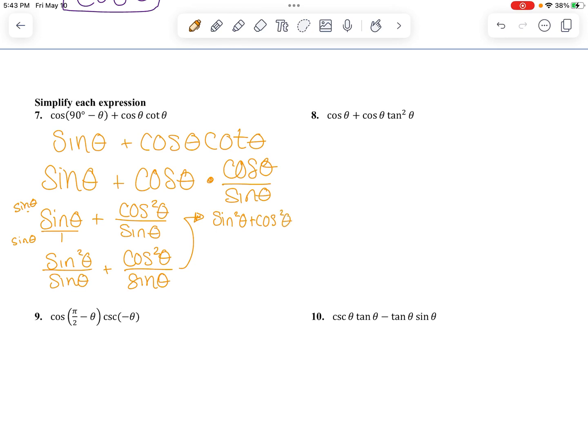So that becomes sine squared theta plus cosine squared theta over sine of theta. I see squared trig, and sine squared plus cosine squared is the identity perfectly. It becomes 1, and 1 over sine is cosecant.